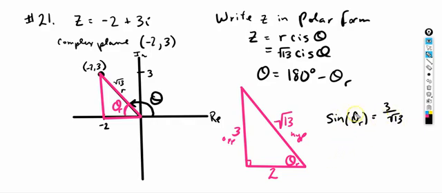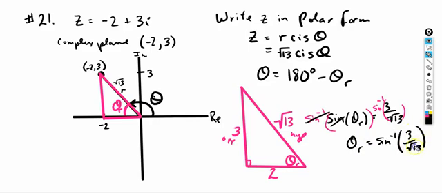And so I'm going to take inverse sine of both sides. And so these will undo each other. So I'll get my reference angle is the inverse sine of 3 over square root of 13. So that's what I'm going to do now.